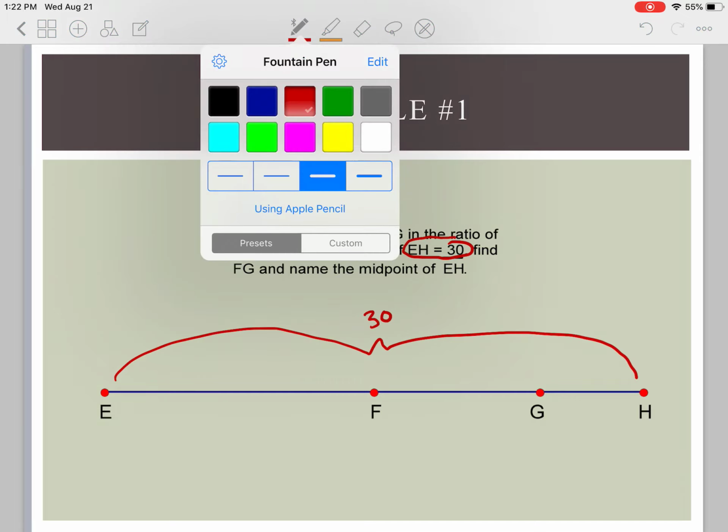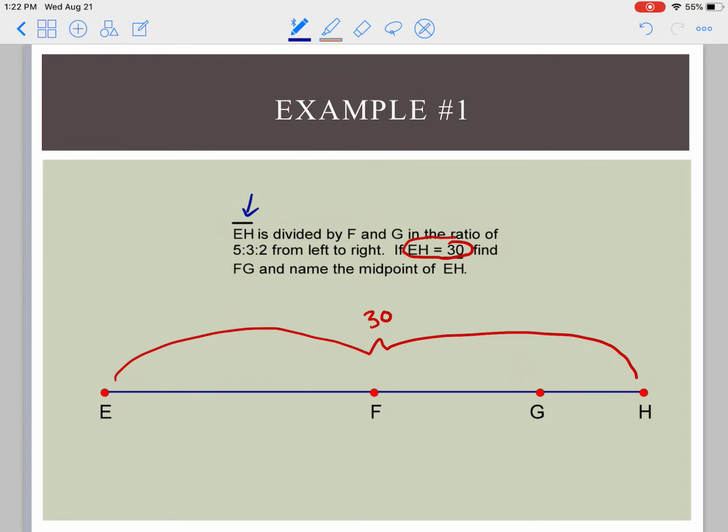Anytime you have a ratio in geometry, we're going to write the ratio in the parts. So 5 to 3 to 2. One other thing is there is a missing component, a value that completes the ratio, and we don't know what that is. Anytime we have a missing value, we assign it a variable, and I'm going to assign x as my variable.